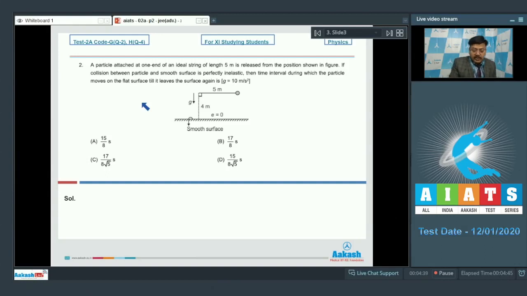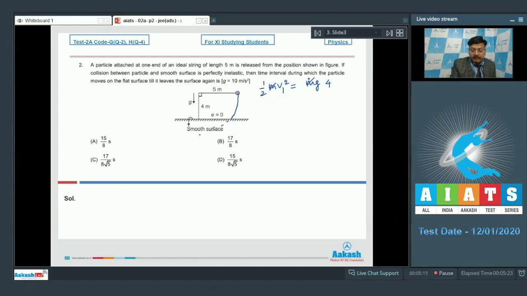Okay, so let's say the trajectory that the particle follows before it hits the surface is something like this. If it had not hit the surface, it would have come all the way here, but before that, it hits the surface. And let's say the speed here is v1. The expression for v1 we can get very easily by conserving mechanical energy: half m v1 square is equal to mg into 4 meter.